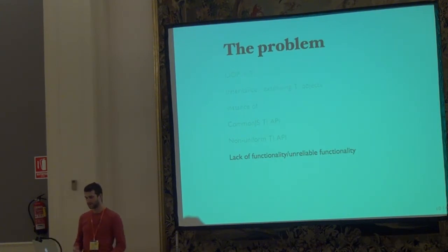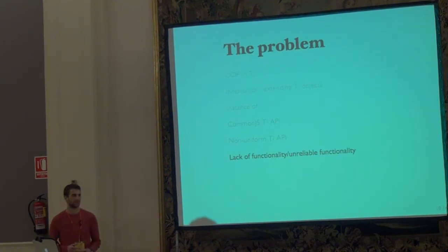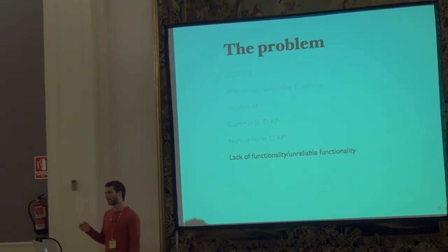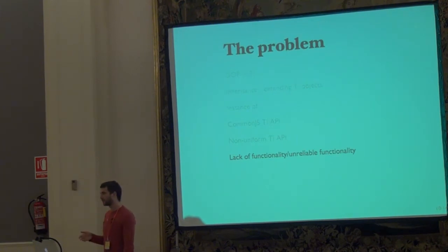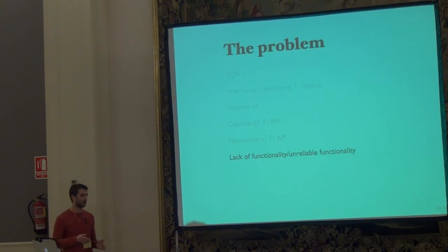I also missed some functionality. For example, you cannot traverse the whole UI hierarchy. If you have a window that contains a view and that view contains a button, there is no way to go from that view to its parent element or its child elements. Currently, you can use the children property, but through history, this was very unreliable.